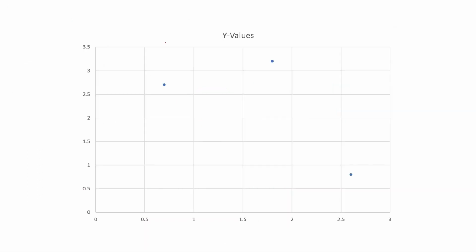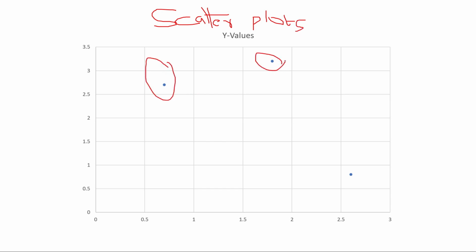Next are the scatter plots. You know what is meant by scatter. If you give the values, it will scatter the points like this.